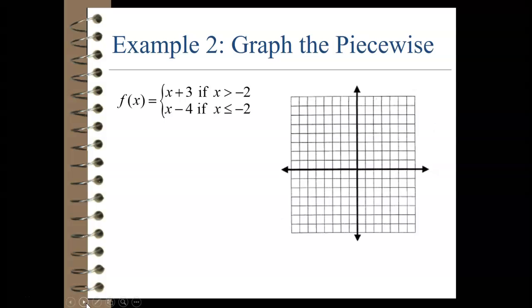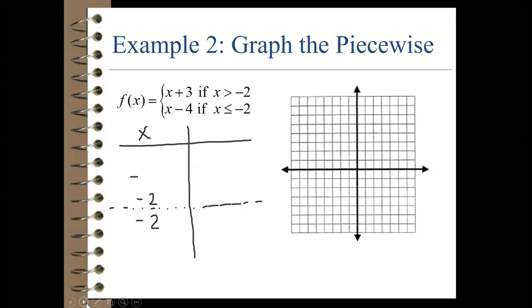Okay, graph the piecewise. So once again, my breaking point is at -2. If I am to create a table, I know that I need to repeat -2. Values less than -2 are -3 and -4.